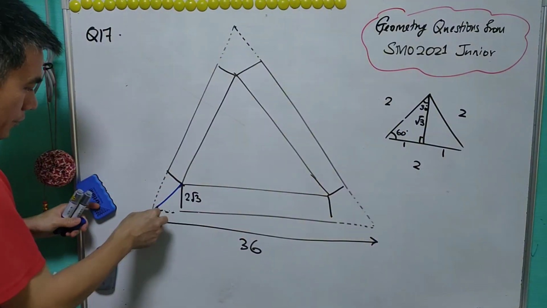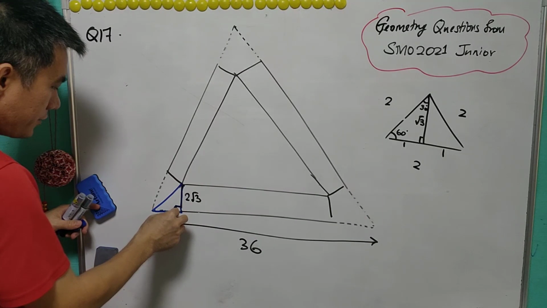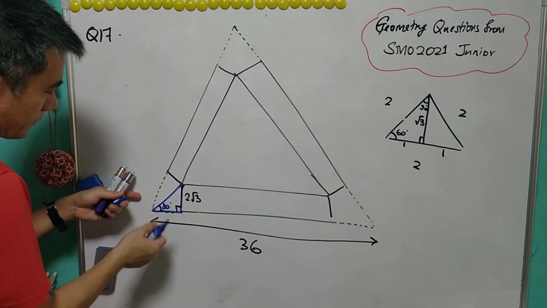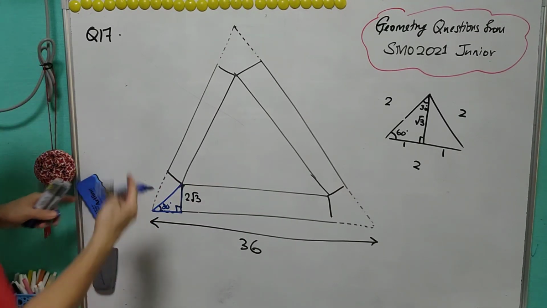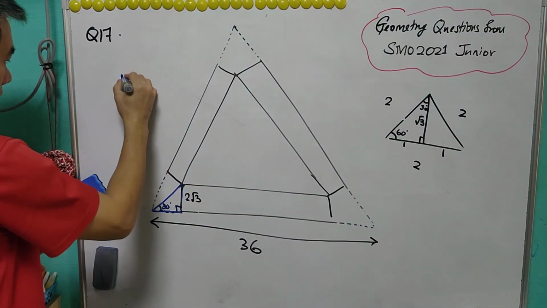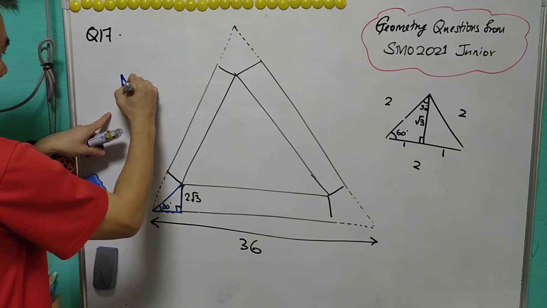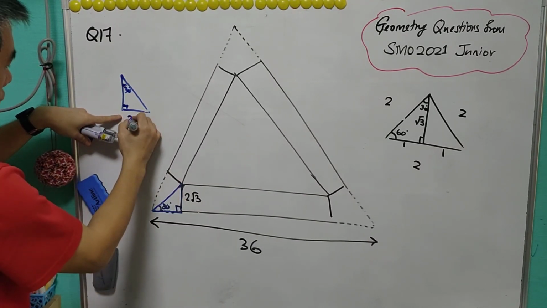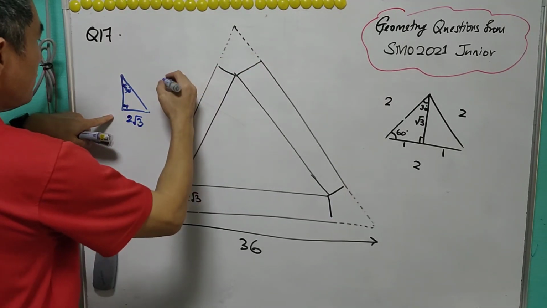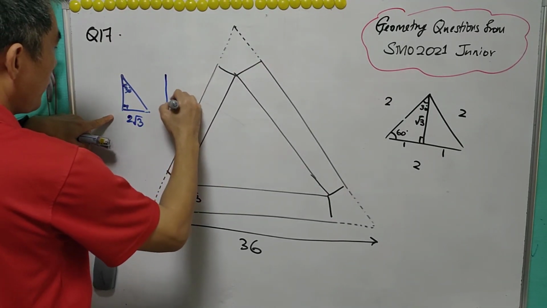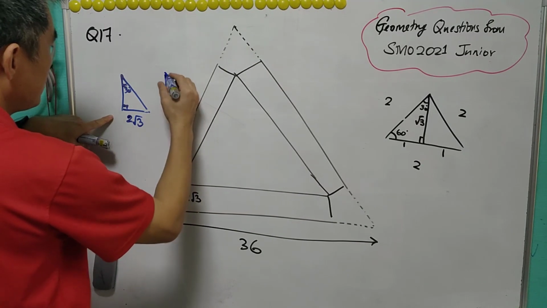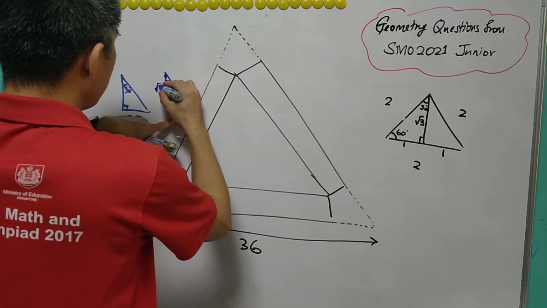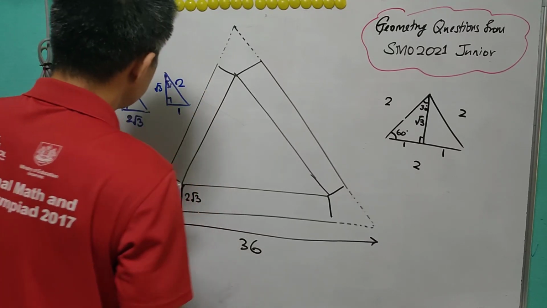When you look at this small triangle here, this is a 90 degree, and note that this is also a 30 degree. Half of it is 30 degree. We will draw it into this form. This is 30 degree, and this is 90 degree. This is 2 square root 3. What we have just now is that when this is a 30 degree, this is 1 to square root 3 to 2.